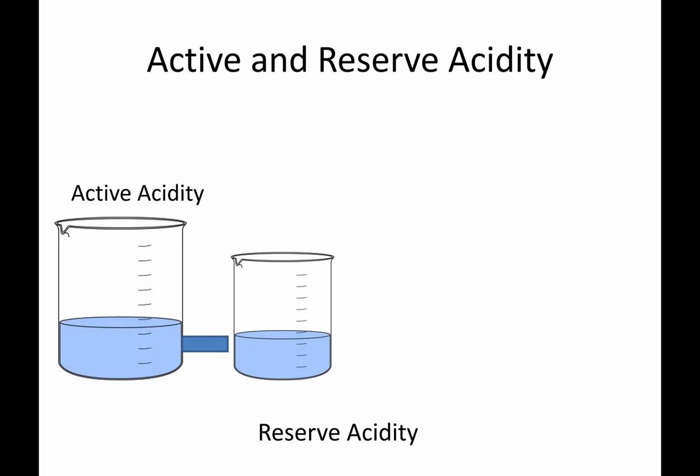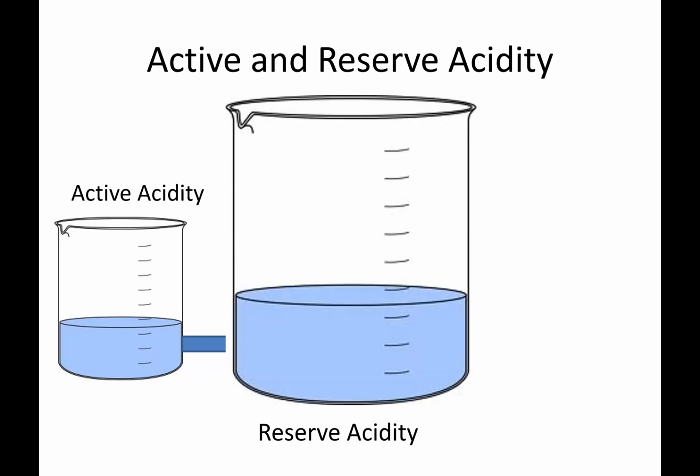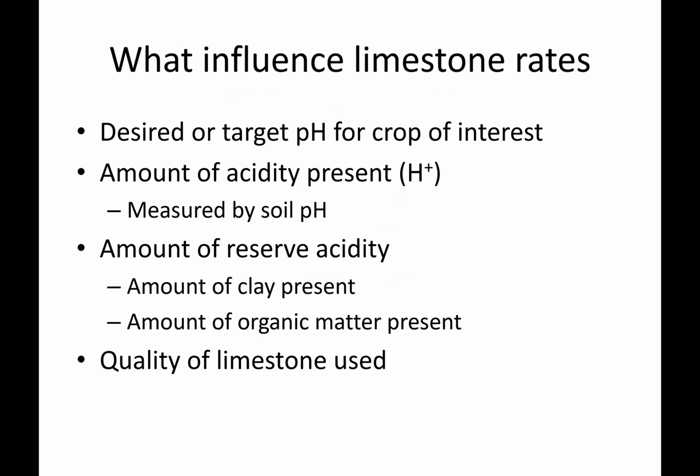So it could either be small, or it could be the size of an Olympic swimming pool relative to that beaker. So the more that buffer pH drops down, the more reserve acidity we have, and the more lime we need to apply. And that's all calculated by the Sikora buffer test and our calcium chloride, or our 1-to-1 water.